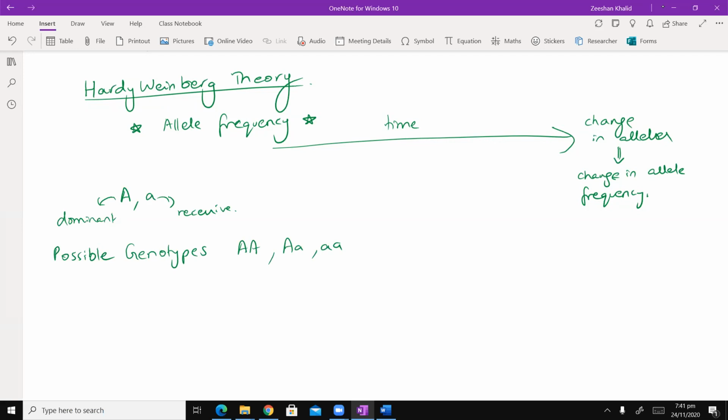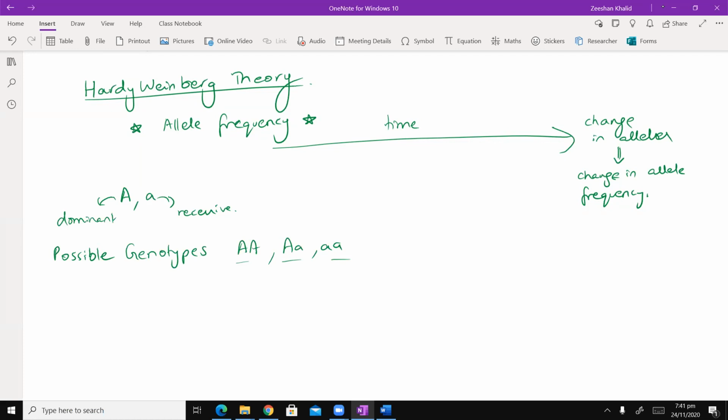Okay? You need to understand that we can calculate the number of these genotypes in a very large randomly mating population. What do I mean? Can I say that the frequency of a genotype is the proportion to its total population?